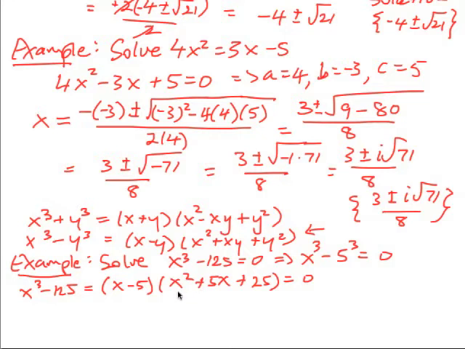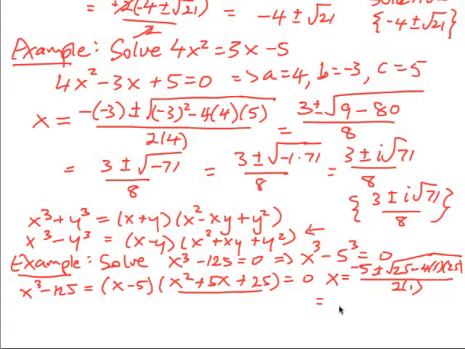Now of course we have a quadratic here, and so we could solve this quadratic by using the quadratic formula. So that would mean x is equal to, here b is 5, so it's negative 5 plus or minus the square root of 5 squared is 25 minus 4a, which is 1, and c would be 25, all over 2a, which is 2 times 1.